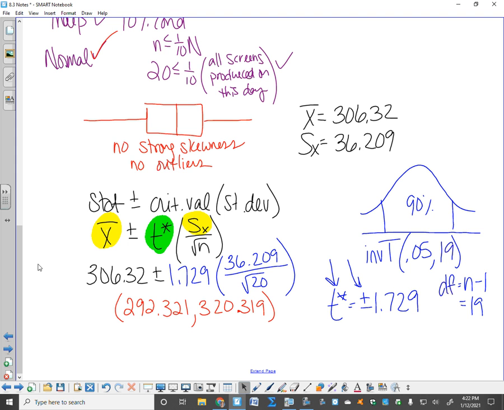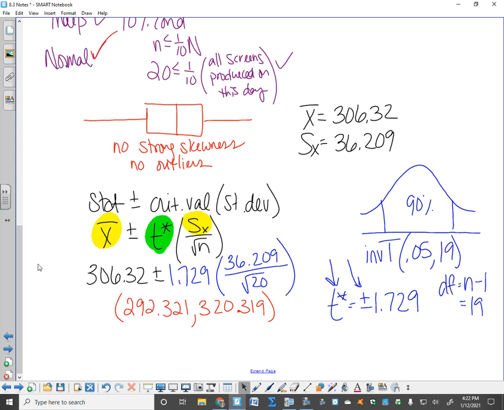One more time. I'm 90% confident that the interval from blank to blank millivolts captures the true mean tension, not the true tension, the true mean tension of all screens produced on this day.